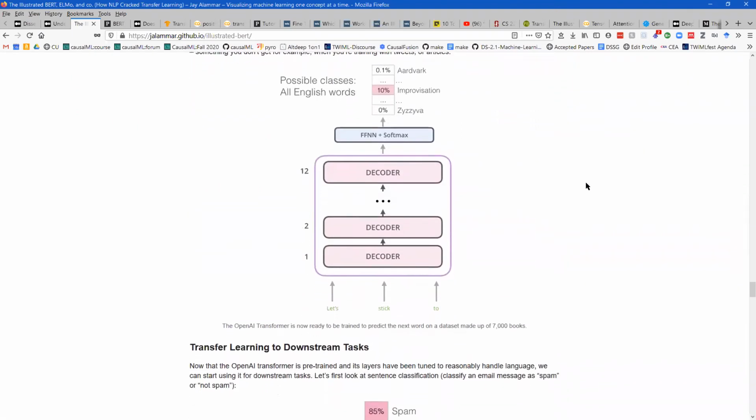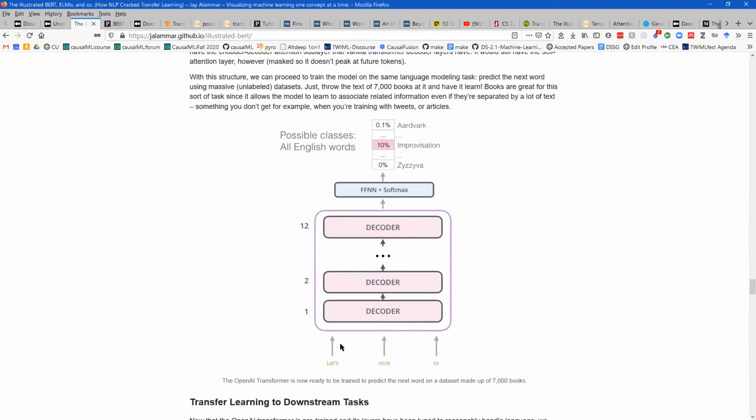And then going into a little bit more detail, here's the input going through a stack of decoders, and then at the end, a feed-forward neural network plus a softmax that gives scores of all the words in the English language. So it predicts the next word with the one with the highest score. So let's say improvisation gets the highest score, and then that gets selected.